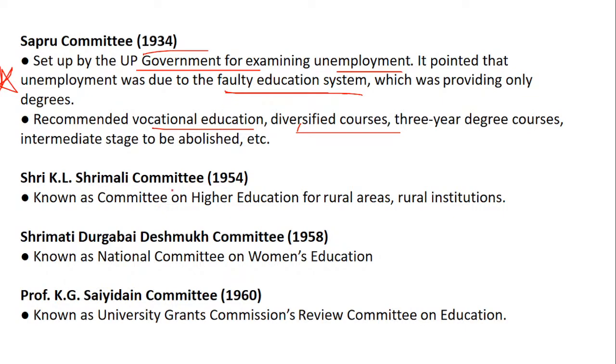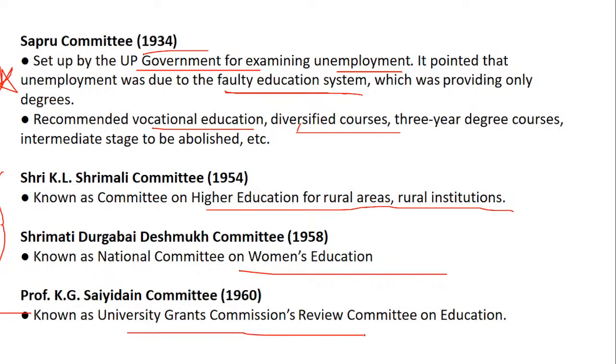Fine. Now for the rest of these 3 committees, no questions have been seen, but as they are part of it, we have just mentioned them. That is the Shrimali Committee, which was on higher education for rural areas and rural institutions. The Durgabai Deshmukh Committee was basically on women's education, and the Sayadin Committee was basically about the University Grants Commission, to review the committee on education.